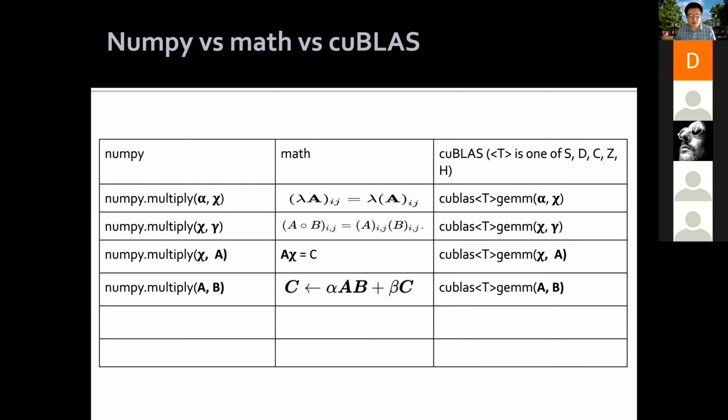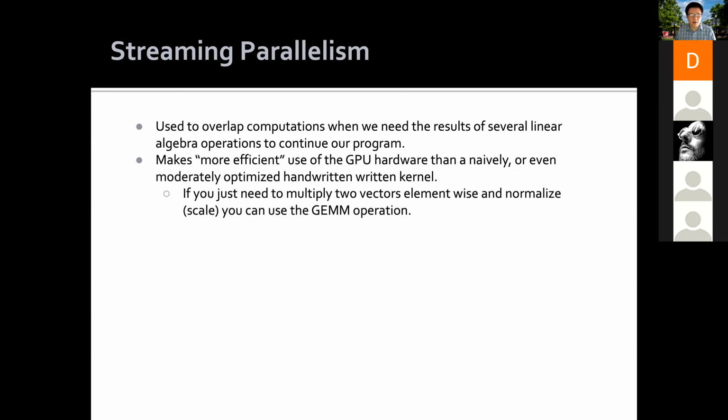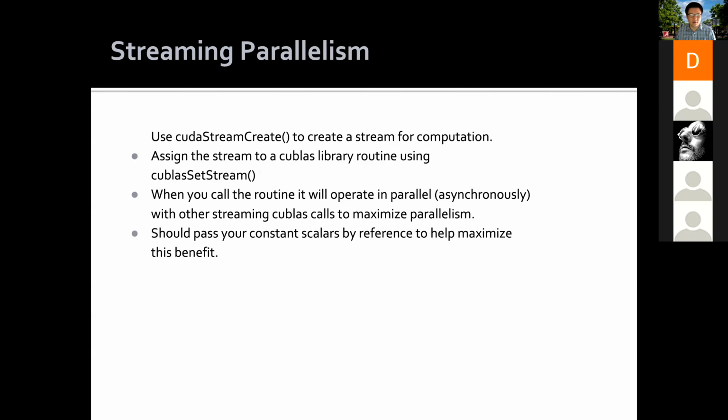Here are some other details. I don't think you need to know that. And here is the array indexing. You should already be familiar with it because we have used that in the previous homework. Okay, so here is some streaming parallelism, using a CUDA stream.